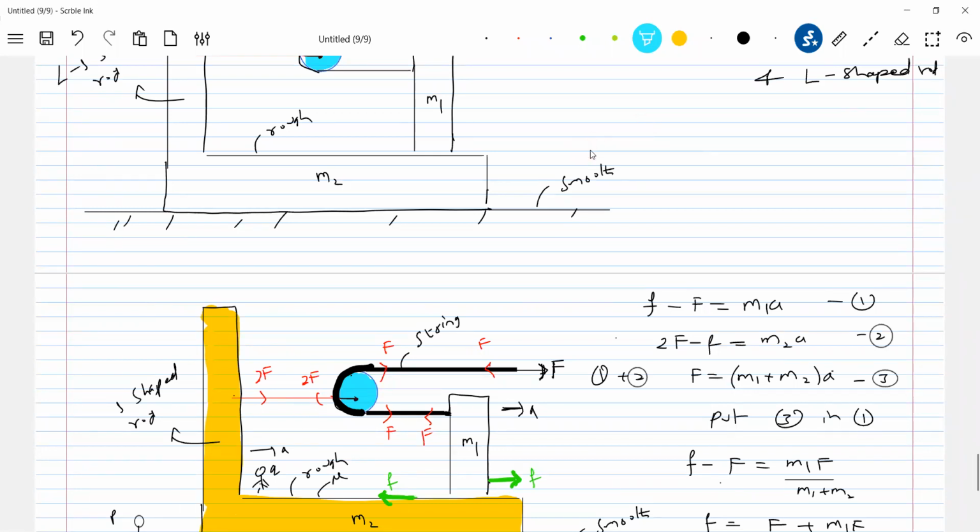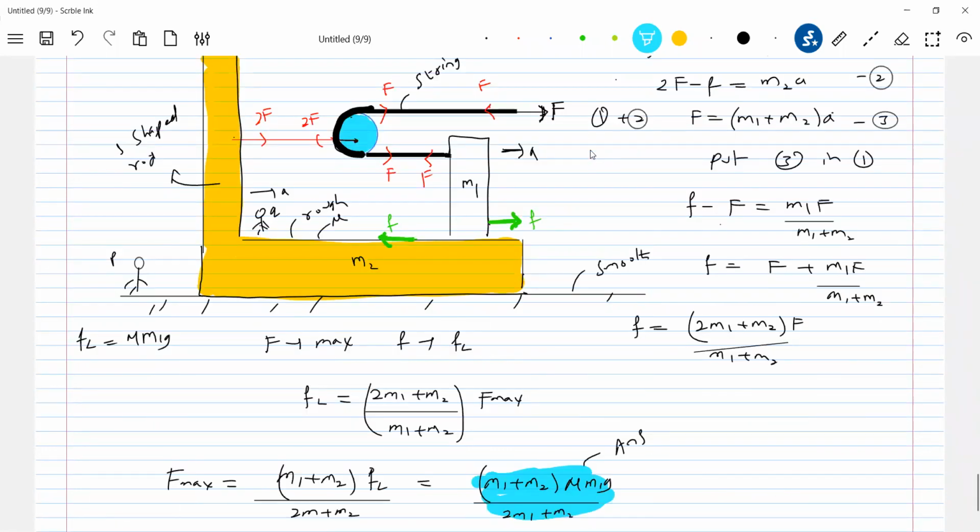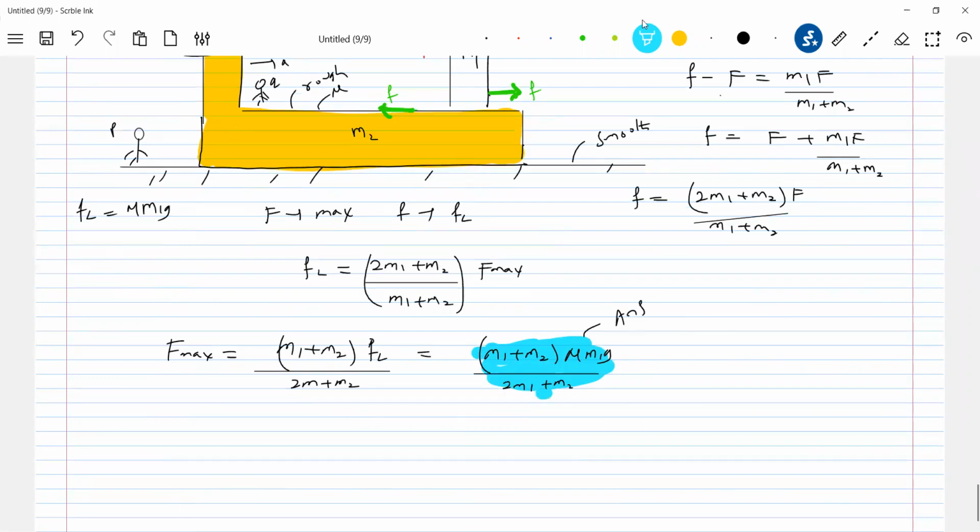Again, the concept we have to need. From tomorrow, I'll start that one. Okay, so we'll discuss the concepts tomorrow.